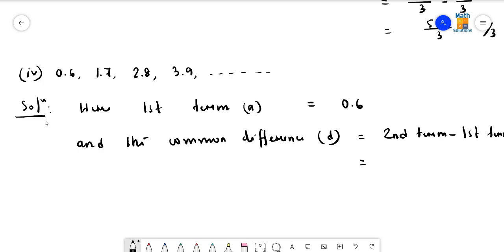So I get here 1.7 minus 0.6, answer is 1.1. So these are the answers of this question.